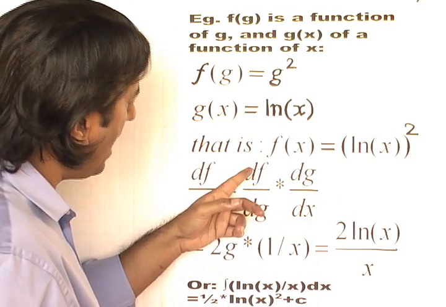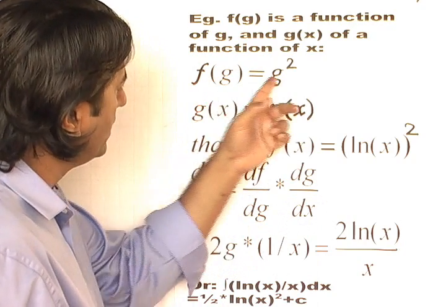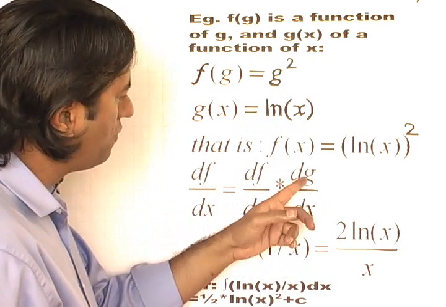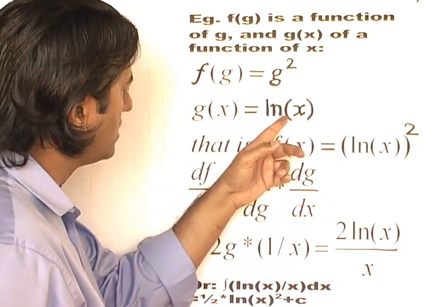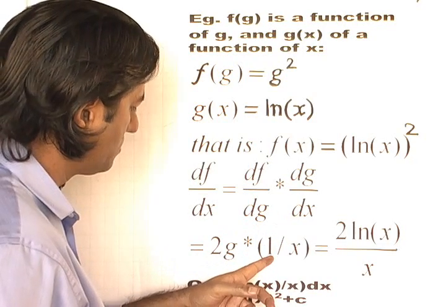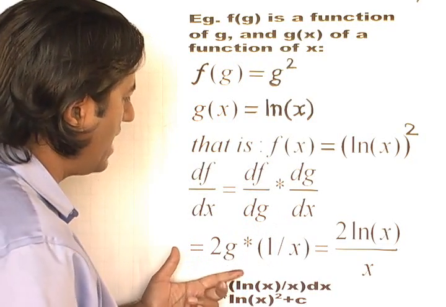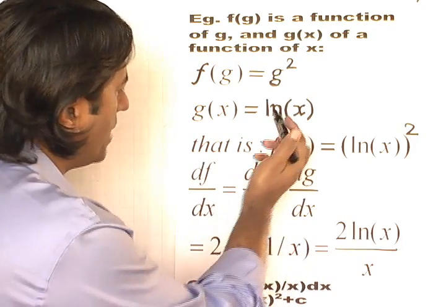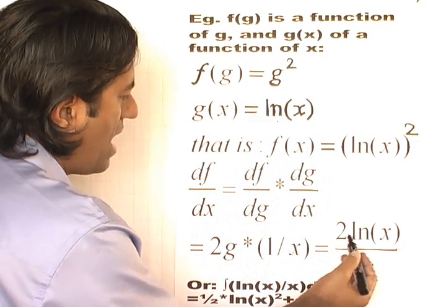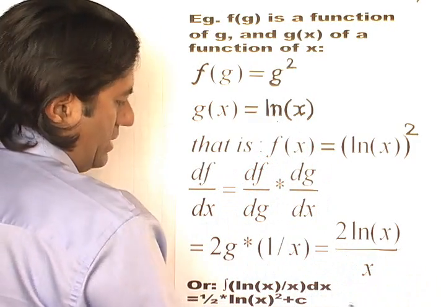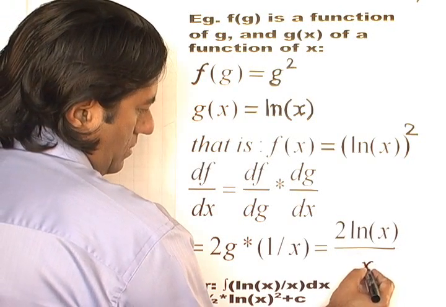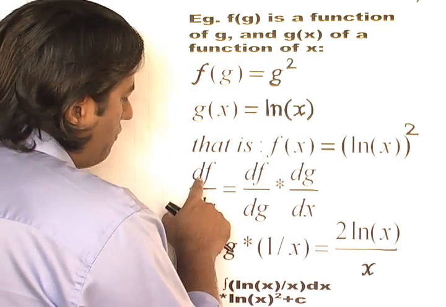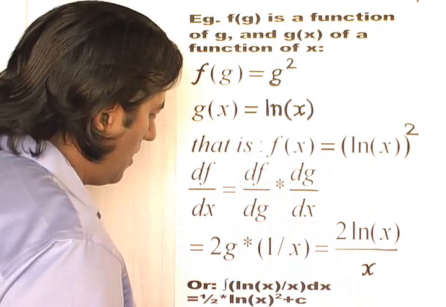The derivative of f with respect to g is simply 2g. And then the derivative of g with respect to x, where g is log x, is simply 1 by x. So what you have then is 2g into 1 by x, or substituting ln x for g, you have 2 ln x by x. Okay, so that's the derivative of f with respect to x.